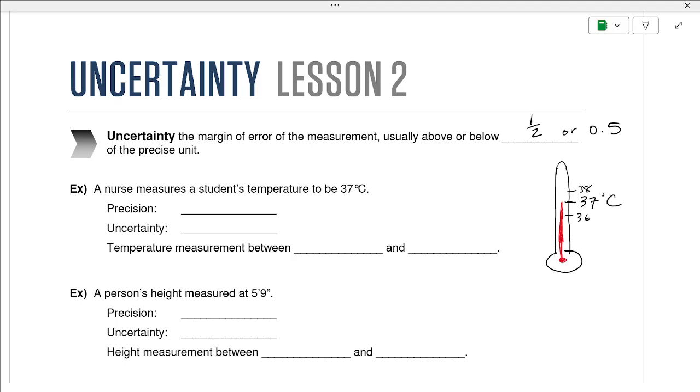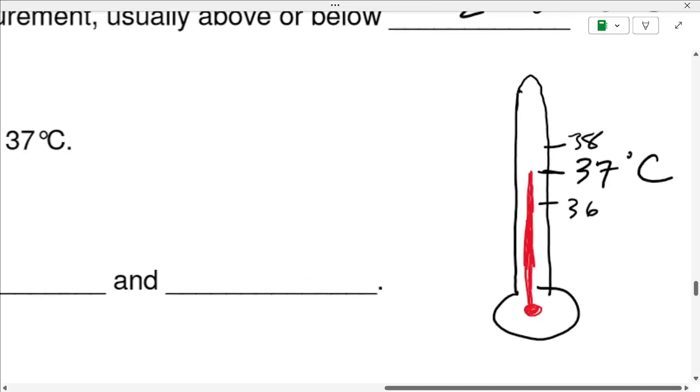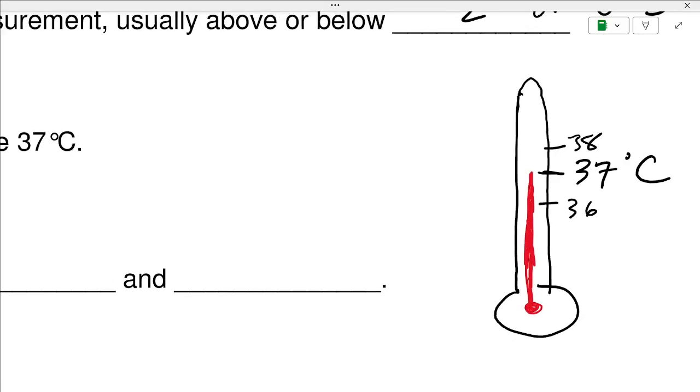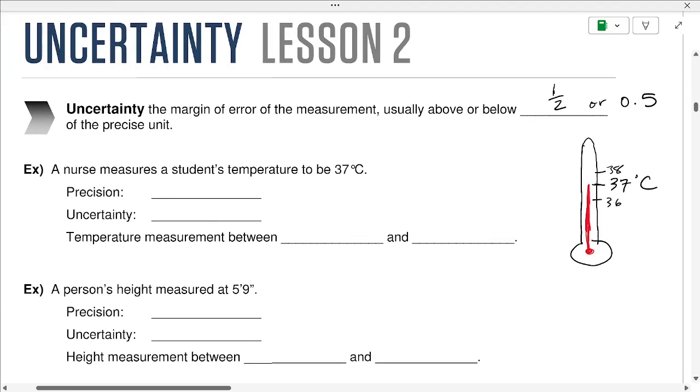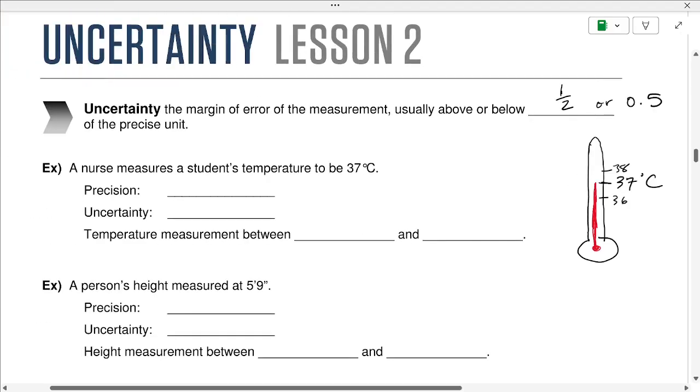But let's assume that there were no ticks between those numbers. We can't tell. We know it's close to 37. Maybe it was a little hair above it or a little hair below it. So the closest we are, estimating with our eyes, is that 37 number. So the precision is the smallest unit on the scale here, which is 1 degree Celsius.